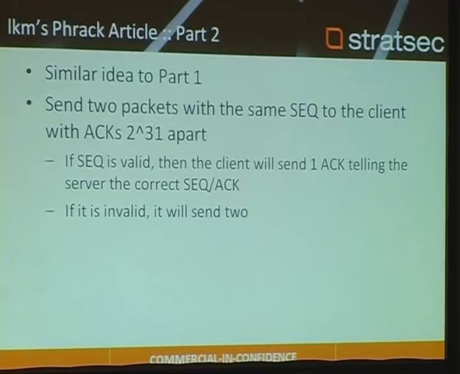So if we guess the sequence number right, the client should send one packet back to the server. If it's invalid, it should send 2, because even though one of the ACKs is correct, the sequence number is wrong on both of them. So essentially we detect this difference between 1 and 2 packets being sent.